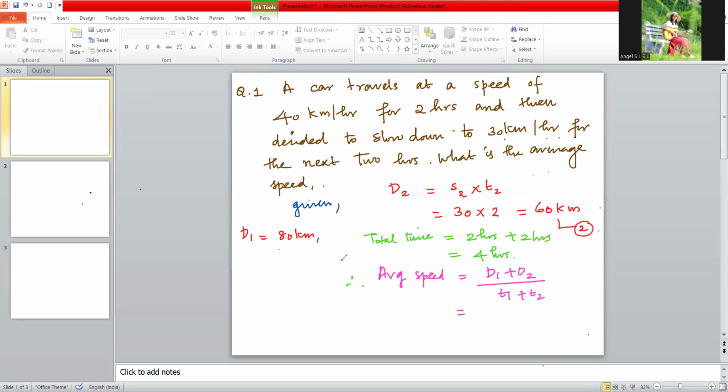So you'll write 80 plus 60 divided by 4, and you will get 140 divided by 4. And if you take 140 by 4, it will come to nearly 35 kilometer per hour. So this is the answer. I hope this is clear, right? Thank you.